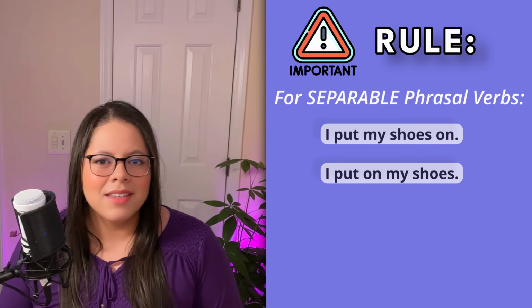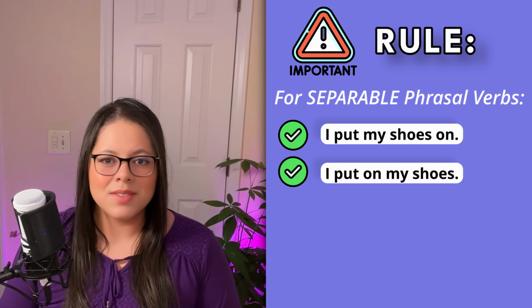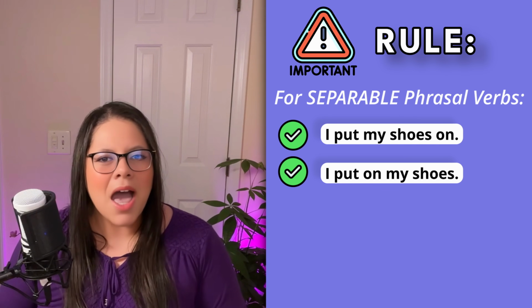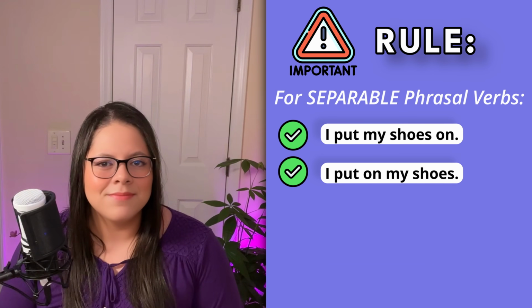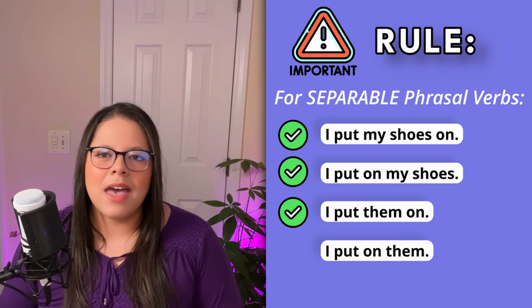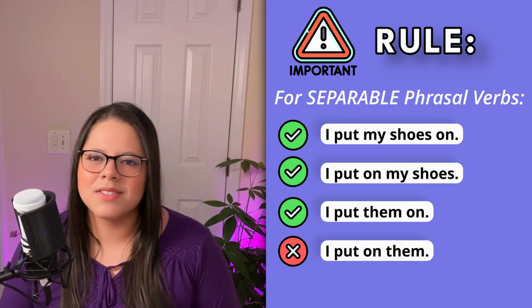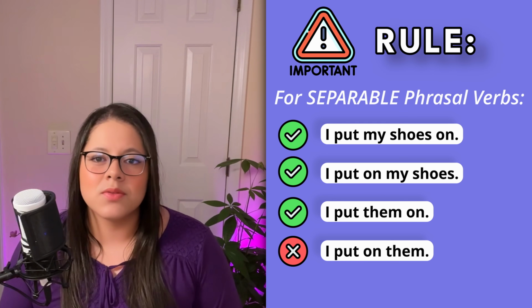You can say, I put my shoes on, and I put on my shoes. But look at what happens when we replace the object, my shoes, with the pronoun them. I put them on sounds fine, but I put on them? No, it doesn't work. And this is the case for every separable phrasal verb.